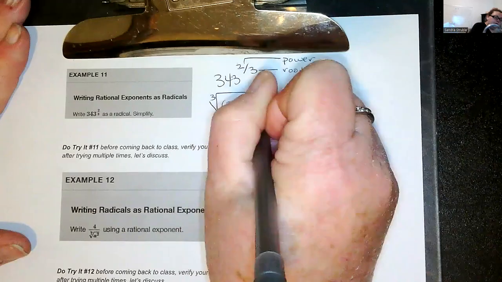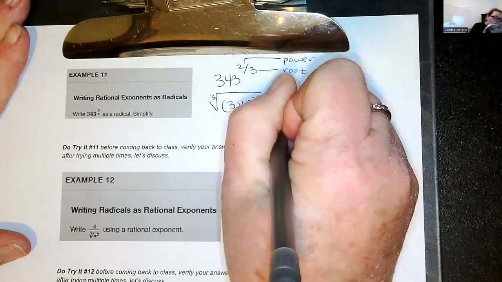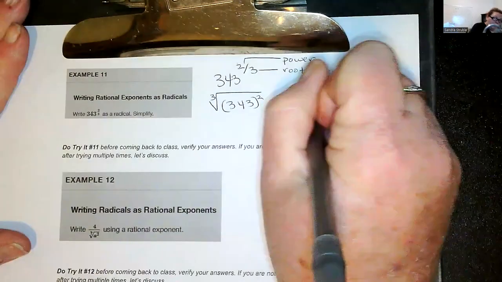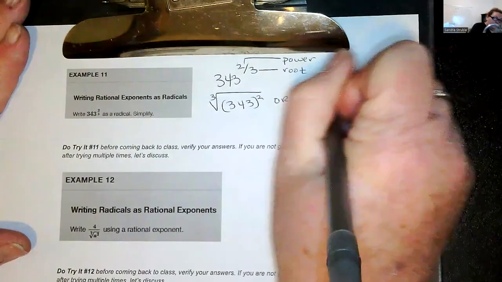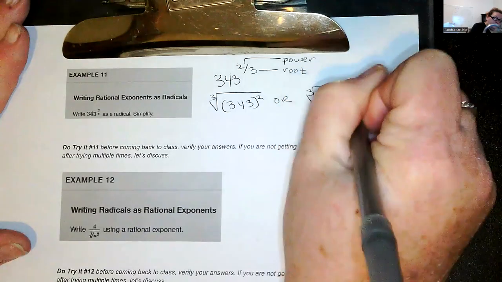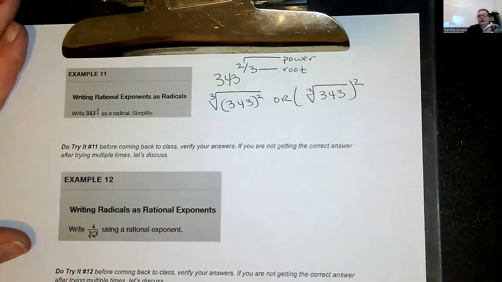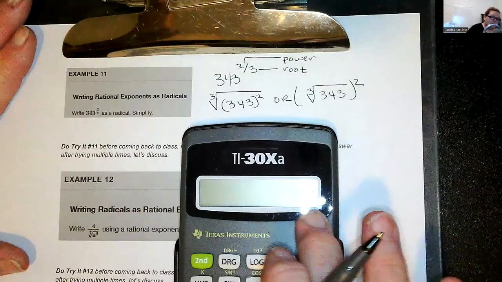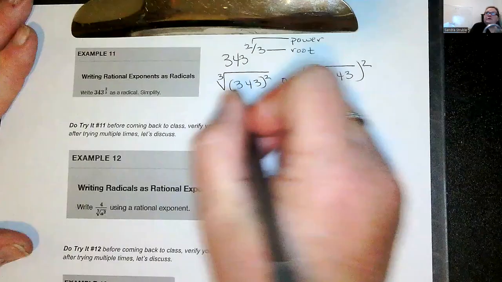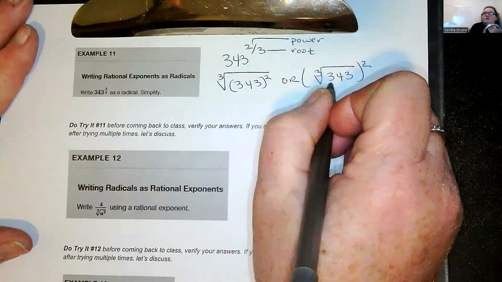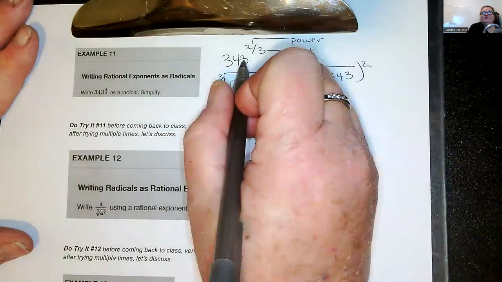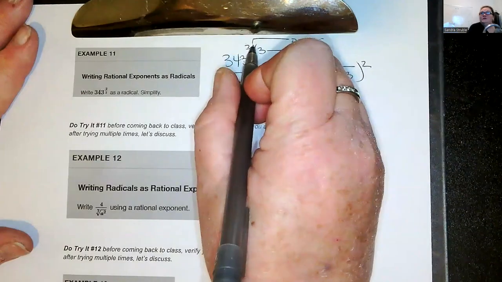And now you could put it like this, or you could put it the other way, which I like to do, because it deals with smaller numbers. And this makes more sense to me. Okay, so the first thing I'm going to do is, you don't even need to do all this. This is just a representation. Because you're using your calculator, you can just take 343 and raise it to the 2/3.